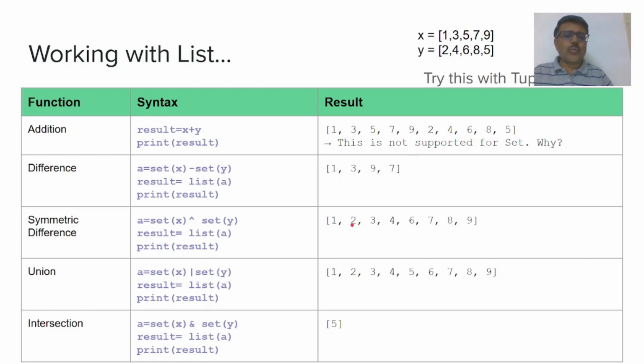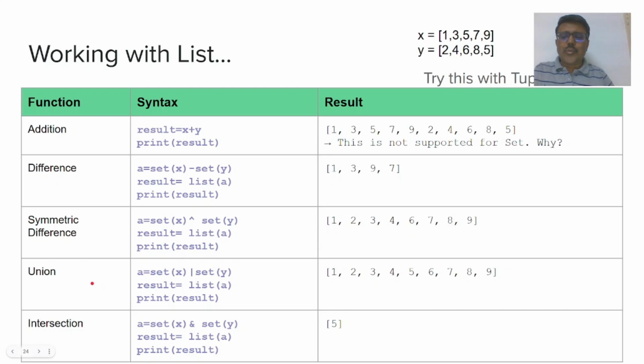One, two, three, four, and 5 is already available here and 5 is also available here, so this will not print. The common ones will not get printed, and then you will see 6, 7, 8, 9, all things are printed here.